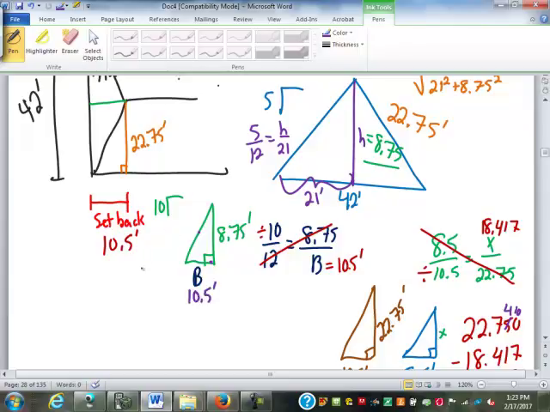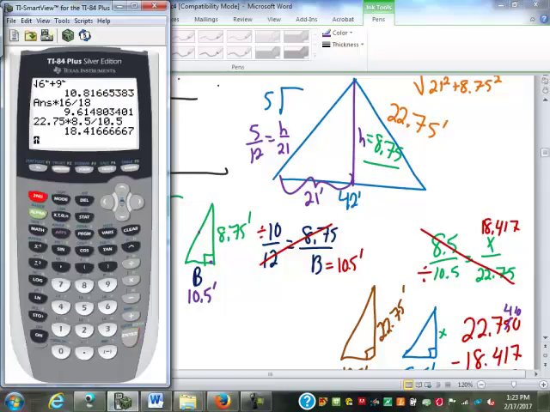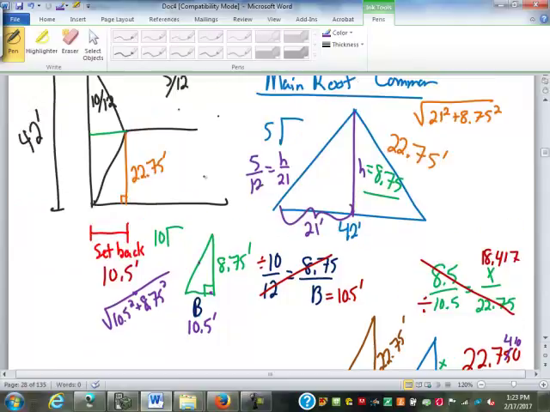So we can find that longest jack as the square root of 10.5 squared plus 8.75 squared. Which gives us that the longest jack is, what is it? 13.667.